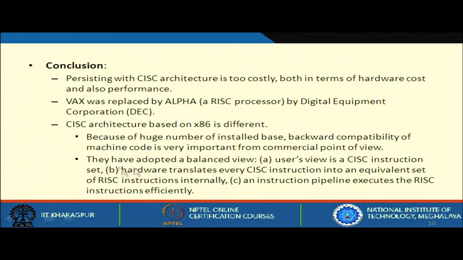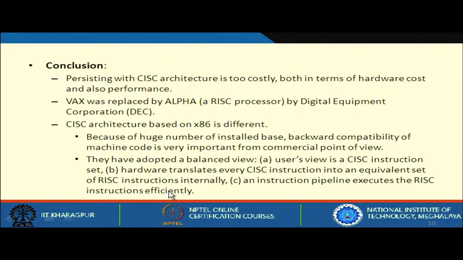How is that balanced view adopted? The user view is a CISC instruction set, and there is hardware which translates every CISC instruction into an equivalent set of RISC instructions internally. Ultimately, internally they have RISC instructions, and the instruction pipeline executes these RISC instructions efficiently.